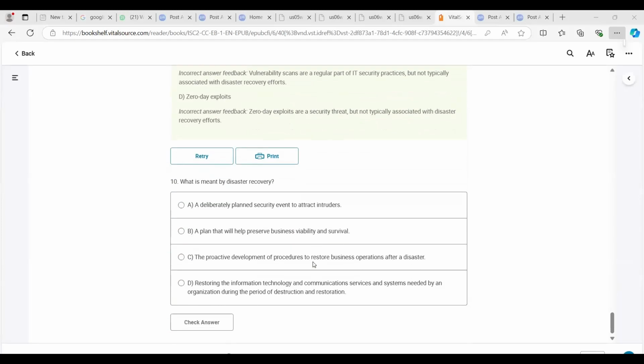So number 10, what is meant by disaster recovery? What do we mean by disaster recovery?